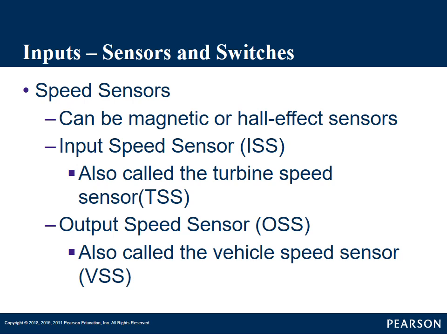The two main sensors are our input speed sensor and our output speed sensor. The input speed sensor is also called the turbine speed sensor. This is the input shaft of the transmission. If you remember, the input shaft is connected to the turbine impeller of the torque converter.